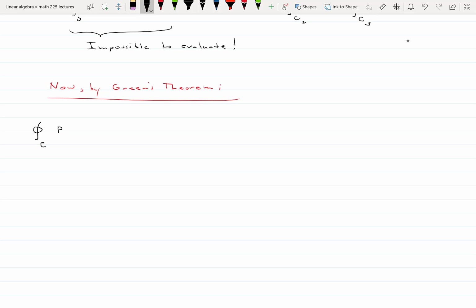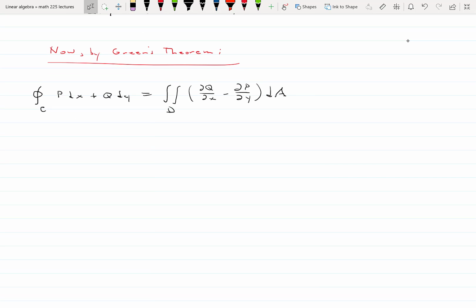The integral along a closed curve oriented positively of P dx plus Q dy is the same thing as the double integral of partial Q partial x minus partial P partial y dA. So where's our integral? The integral along C, closed curve, positive oriented direction, of the square root of 1 plus x cubed dx plus 2xy dy.